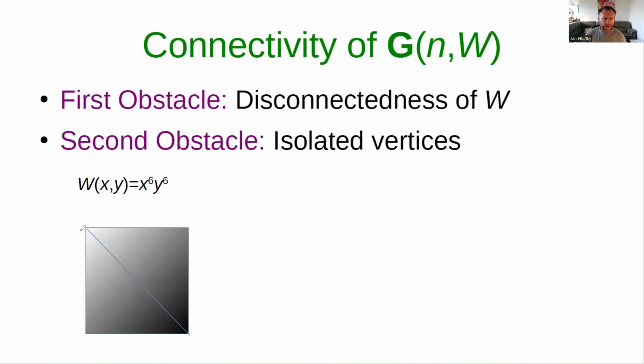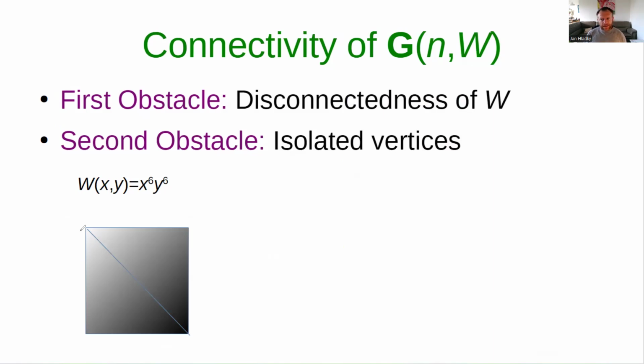Now it is easy to check that the graphon is connected in the sense of the previous definition, because it doesn't have any zeros, or it has zeros only around the x-axis and y-axis, which is measure 0. So that can be discarded. Still, I claim that the resulting graph G(n,W), even though W is a connected graphon, will be asymptotically almost surely disconnected.